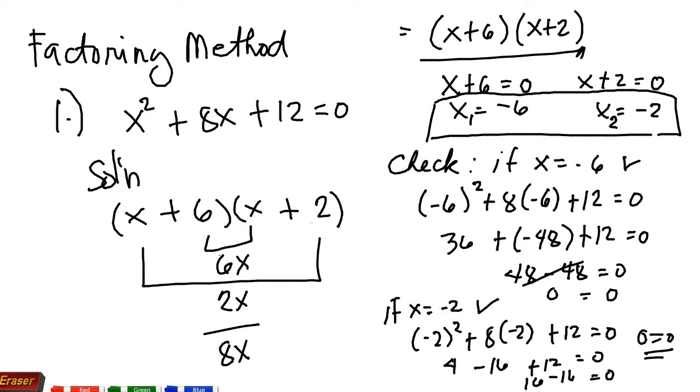That means you have a wrong root and most probably a wrong factor. The two roots should be correct. When you substitute the first and the second root into the given equation, both should be correct, so that you will know that your factors and your roots are all correct.